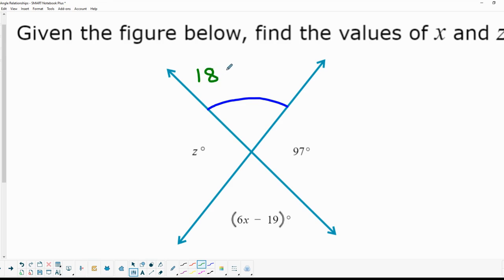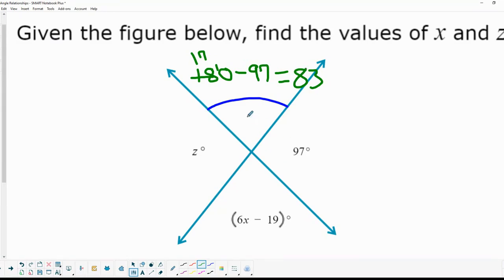180 minus 97. And so if I do 180 minus 97, what do I get? Well, I got to borrow one from 18 and give us 17 and bring that one over. 10 minus 7 is 3, and 17 minus 9 is 8.